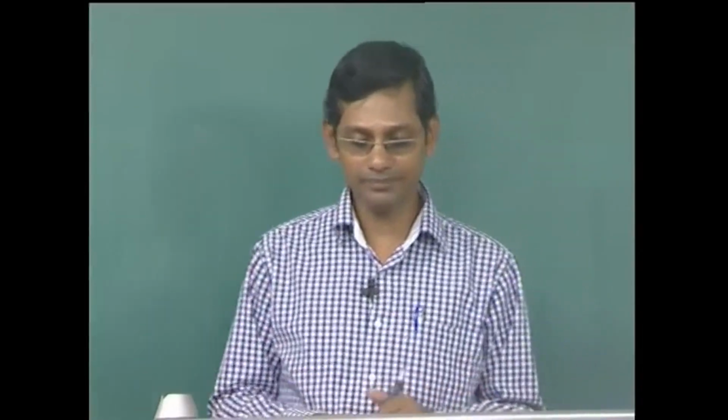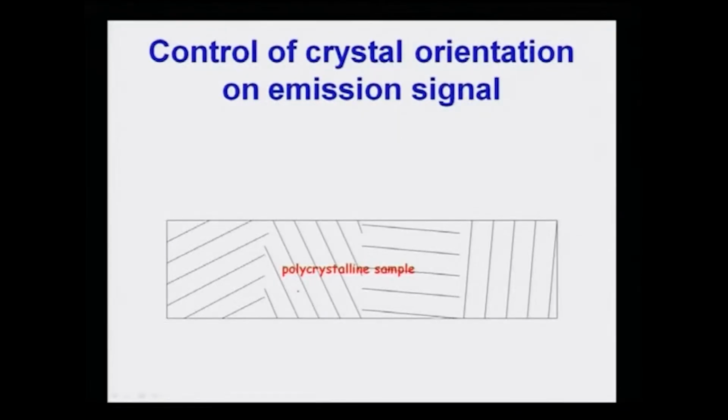In a polycrystalline sample, to talk about how the emission signal depends on the crystal orientation, you have different grains. One is this, another one this, and the planes are oriented differently in each of these grains.